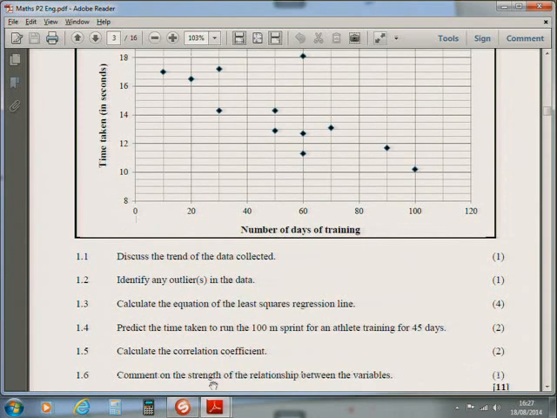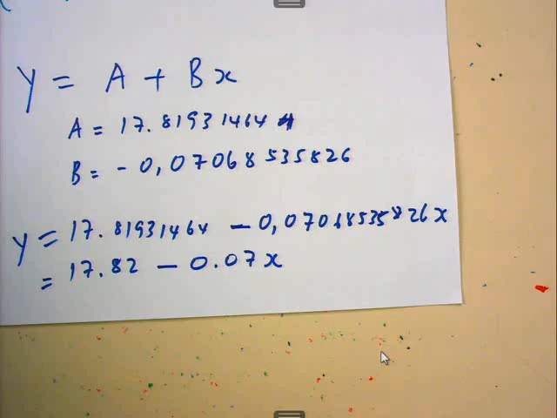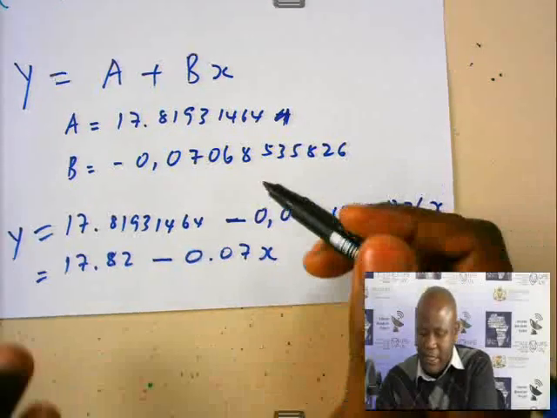And the other question says predict the time taken to run the 100-meter sprint for an athlete training for 45 days. Remember we use this line to predict.